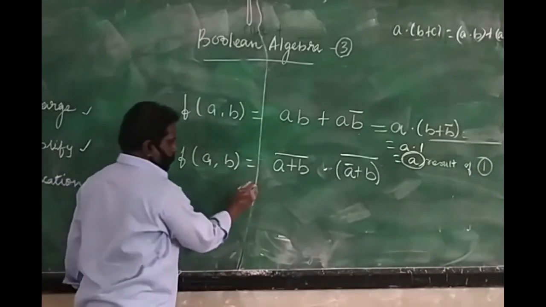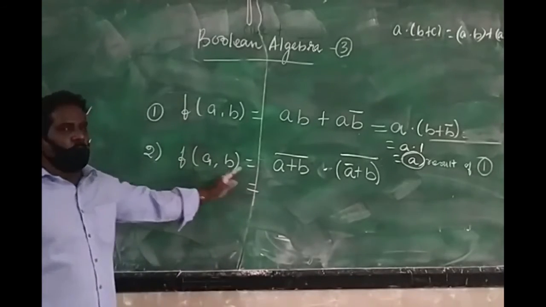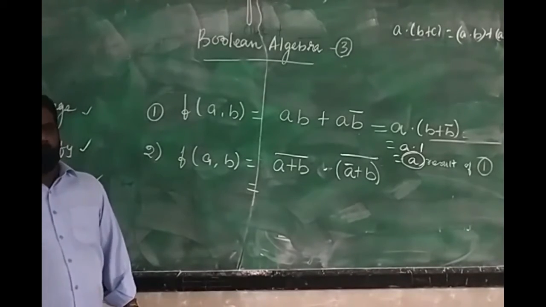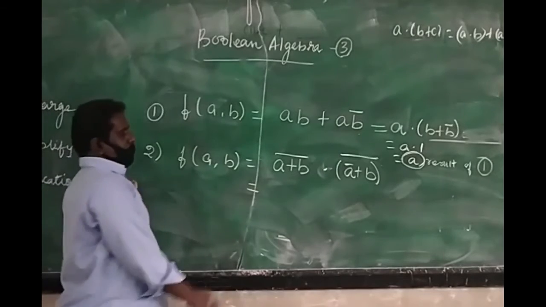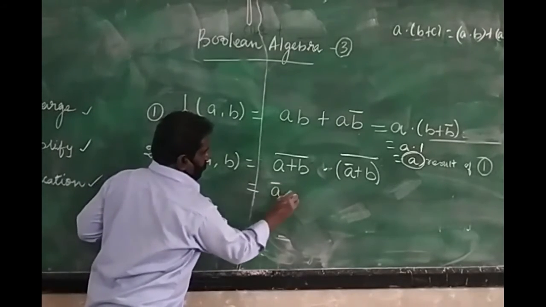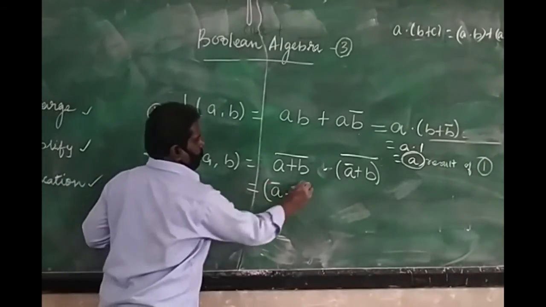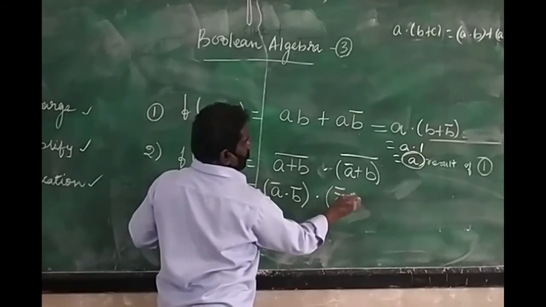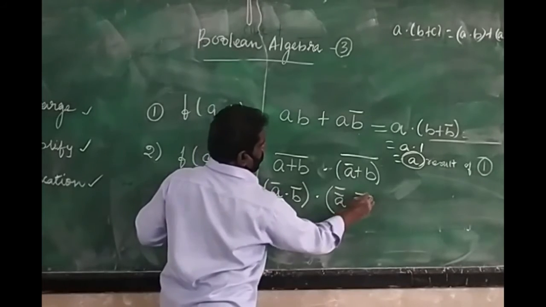Now the second term, let us work with the second Boolean function: A plus B bar dot A bar plus B. So how can we simplify? De Morgan's theorem. A bar dot B bar dot A double bar dot B bar.